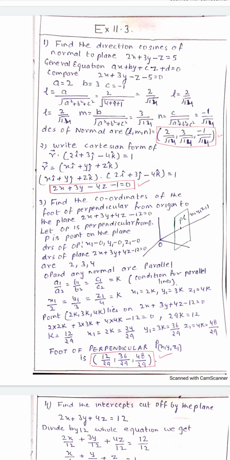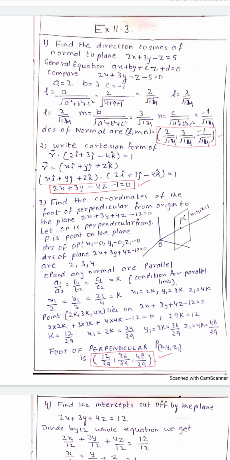The relation between direction ratios and direction cosines is: l is equal to a upon under root a square plus b square plus c square, m is b upon under root a square plus b square plus c square, n is c upon under root a square plus b square plus c square. We put the values and we get l is 2 upon under root 14, m is 3 upon under root 14, n is minus 1 upon under root 14, as you can see.